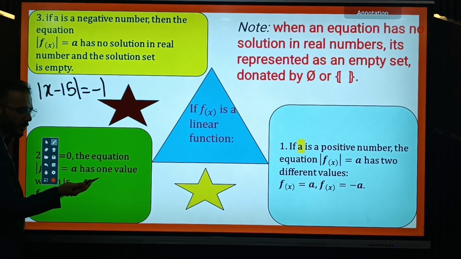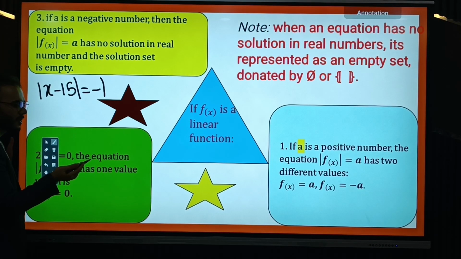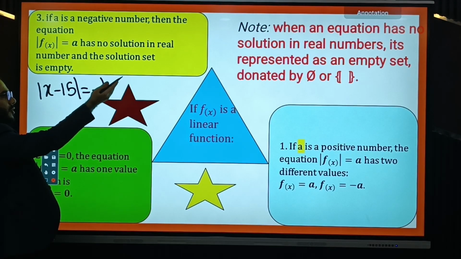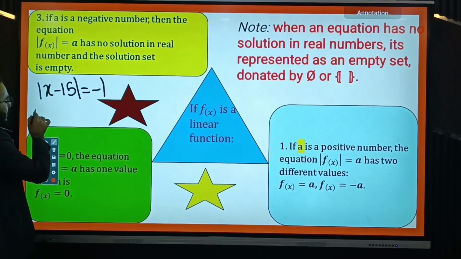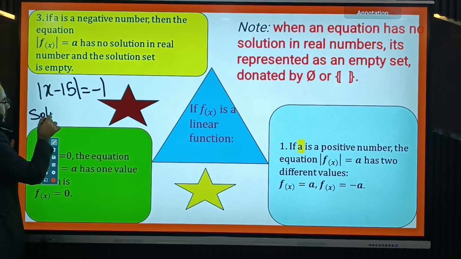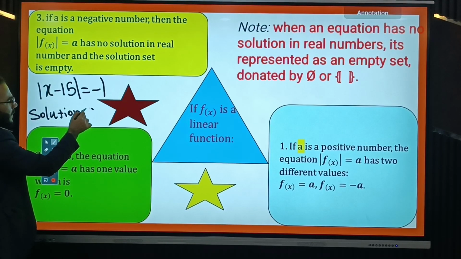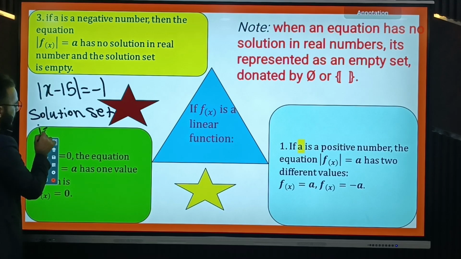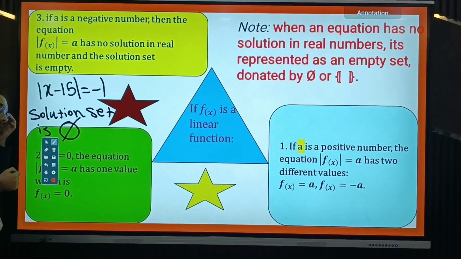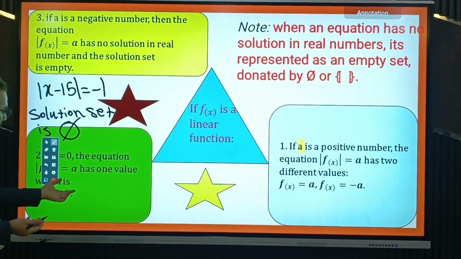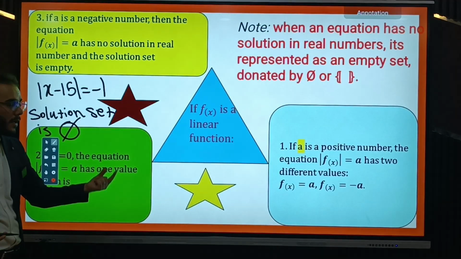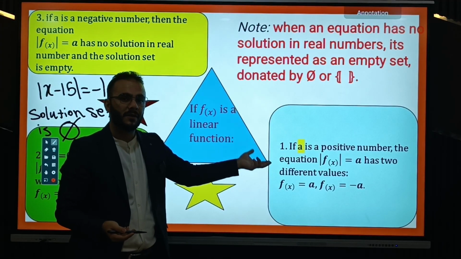Therefore, the solution set is going to be empty. That's it. For this one, the solution set was only 1, and for that one it was positive and negative 9.